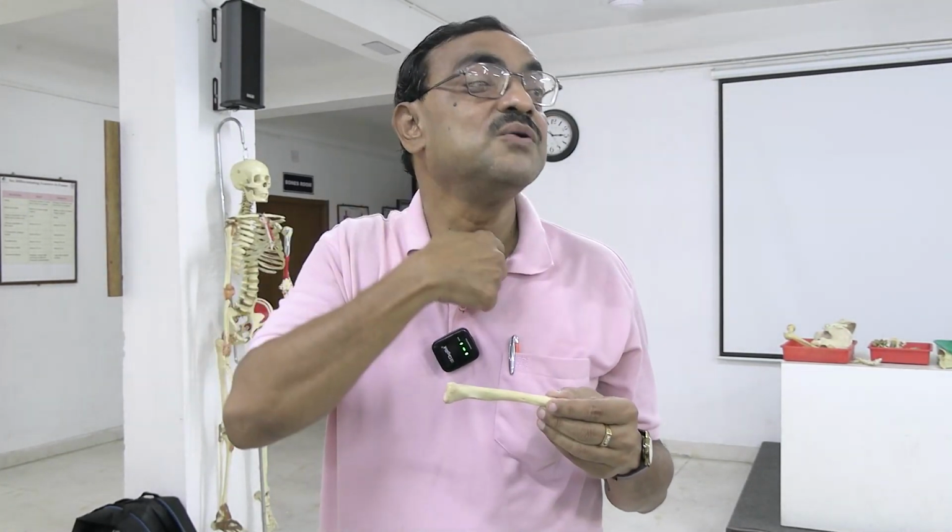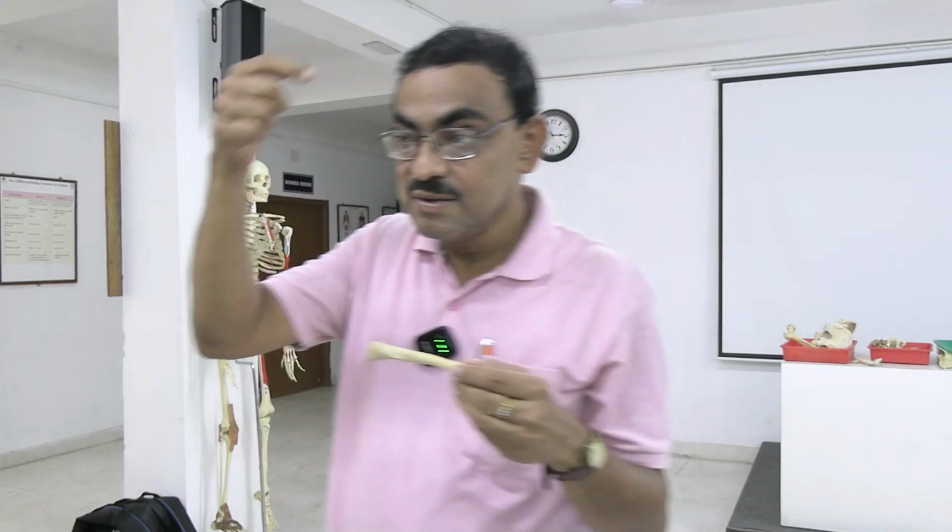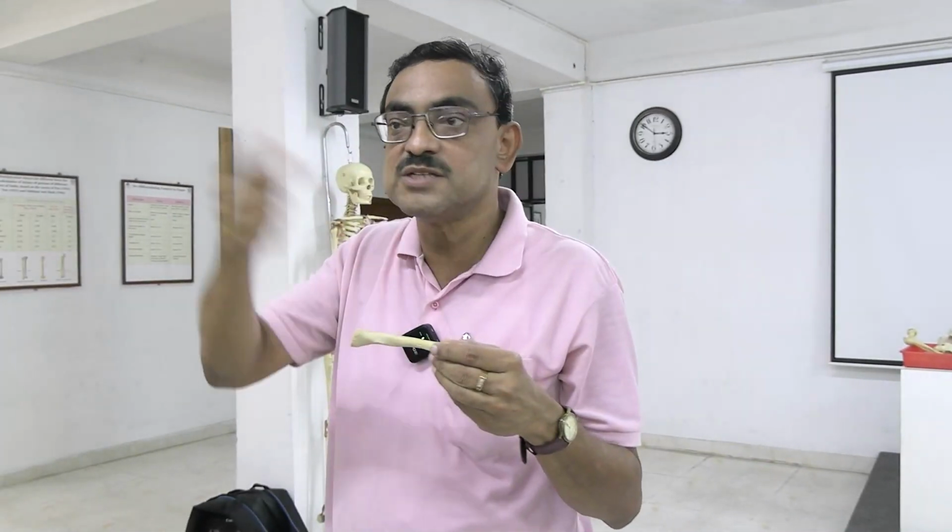Dermal, because it is just below the skin, and also it is pierced by the subcutaneous nerve. Long bone has a medullary cavity. We can hardly find any medullary cavity here.